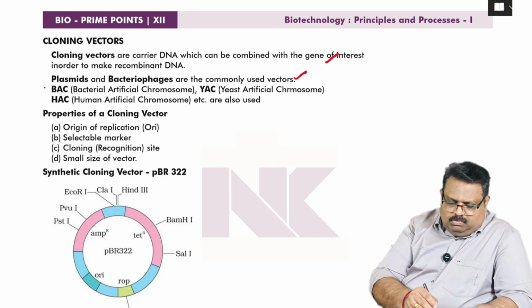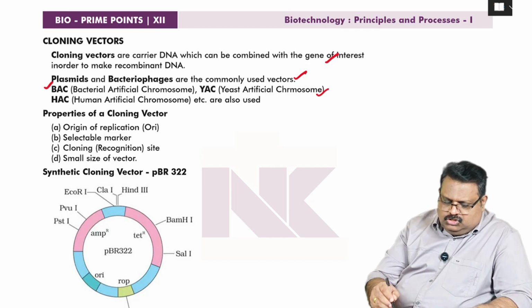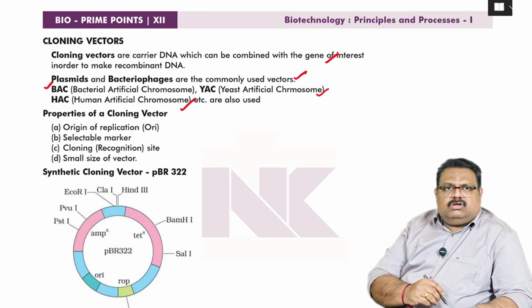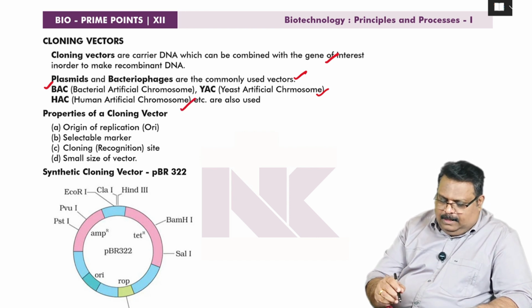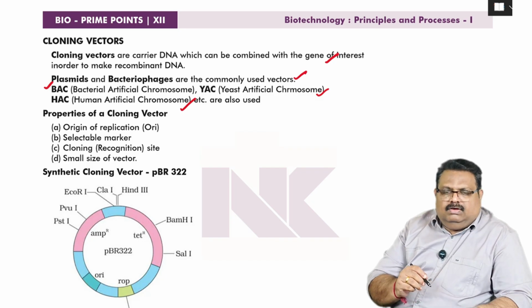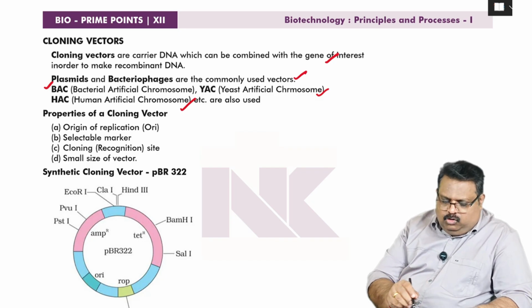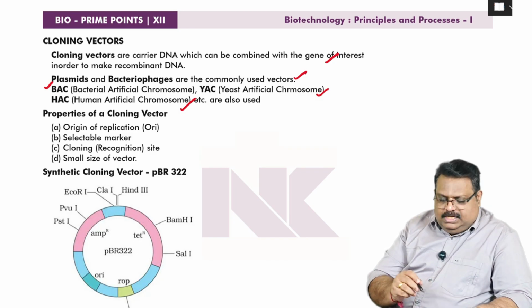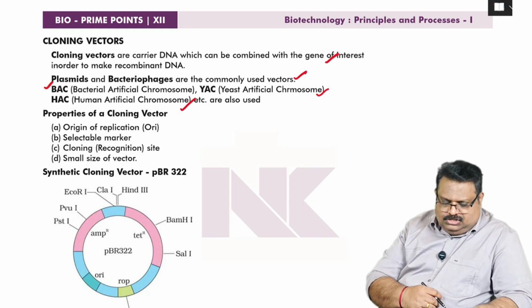Bacterial artificial chromosome is called BAC, yeast artificial chromosome is called YAC, and human artificial chromosome is called HAC. So plasmids, bacteriophages, and artificial chromosomes can be considered as cloning vectors.